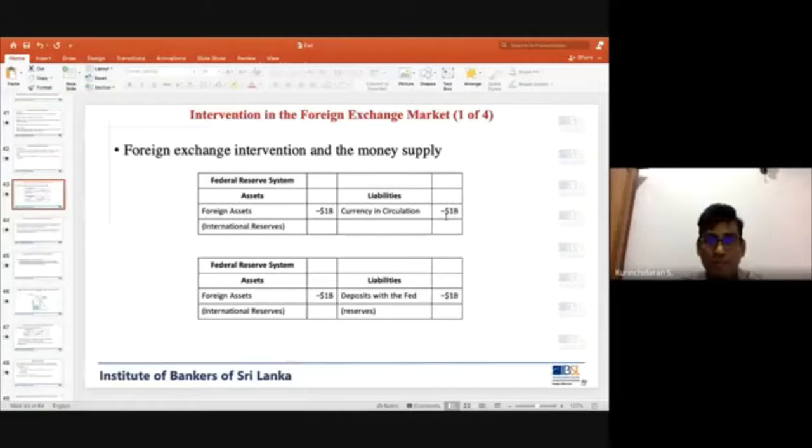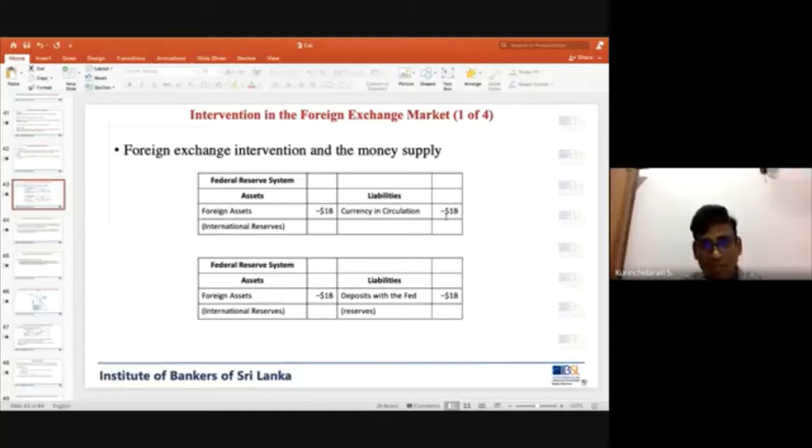So now they get the money back to the central bank, Sri Lankan rupees. They give the foreign assets and get that. Let's think of a practical example. The central bank releases dollars to the market, selling dollars and getting back rupees. So when you sell the dollars, your foreign assets decline, and then you get the money back to the central bank, so your liabilities also decline.